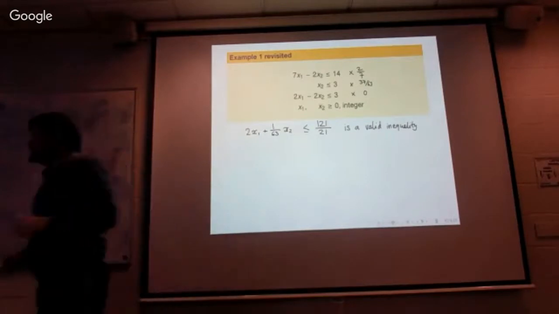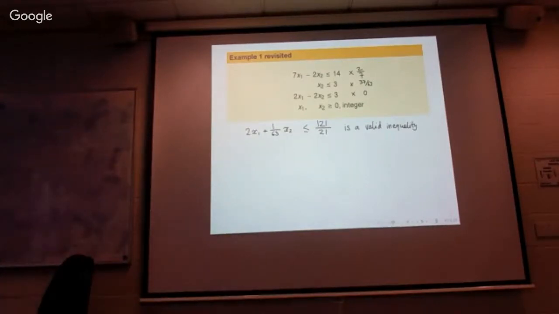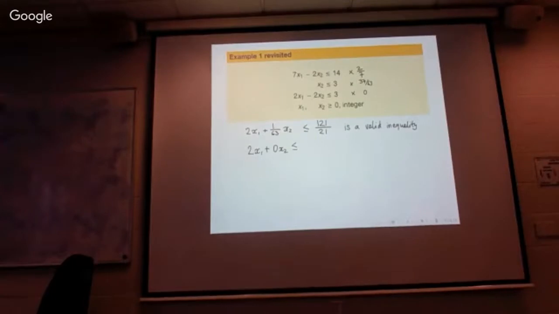So we round down 2 to 2. Well, that doesn't bring much new. And 1 over 63, that's 0 rounded down, right? So we get plus 0 x2 is less than or equal to the same value, 121 divided by 21, is valid because x2 must be greater than or equal to 0.